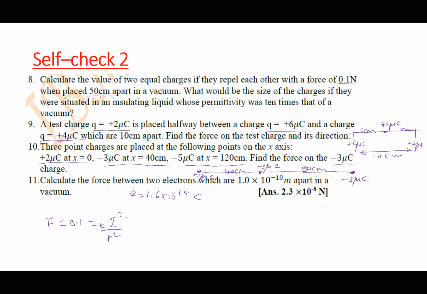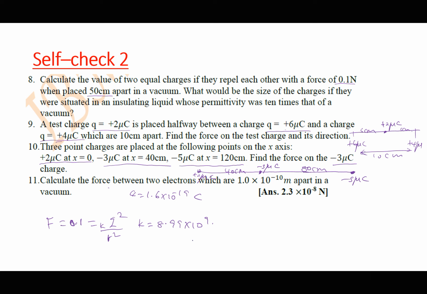R has been given as 50 centimeters. K is known if they're in a vacuum. K is 8.99 times 10 power 9. So by substituting, you should be able to find q if F is 0.1.